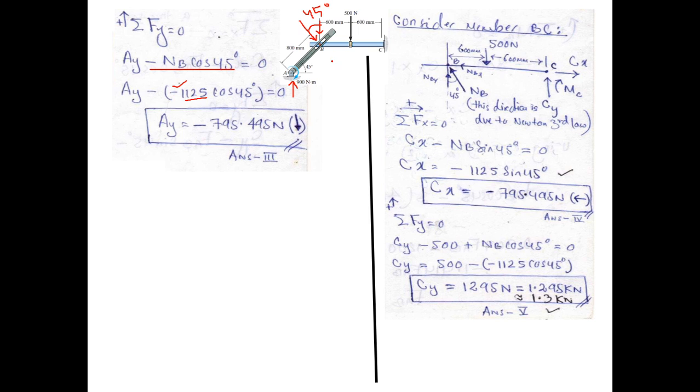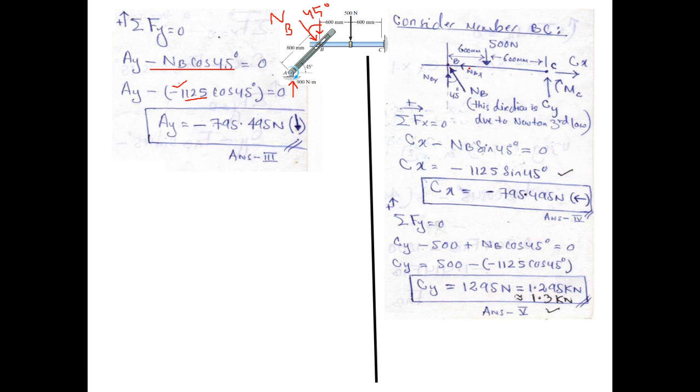And please note that when I analyzed member AB, I used a downward direction for this normal reaction NB. I used a downward direction on this member AB. Since this was a common connection, when I use the free body diagram of BC, I have to show this NB in the opposite direction on this member BC.